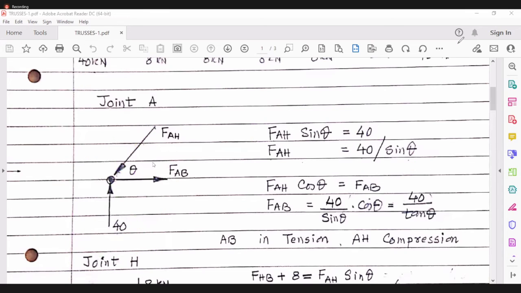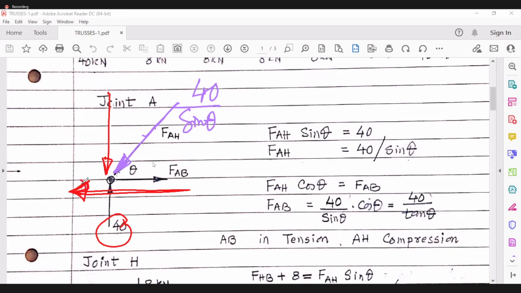Now, FAH, which is 40 by sine theta, its y component is matching with 40, and its x component will be like this.